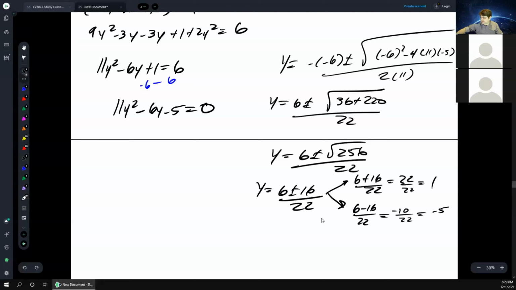If we simplify, that's negative 5 over 11. So we have our two values for y: positive 1 and negative 5 over 11.